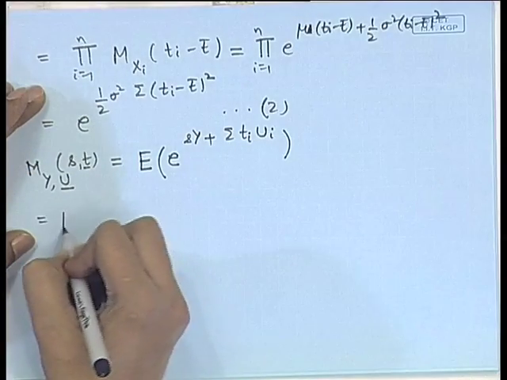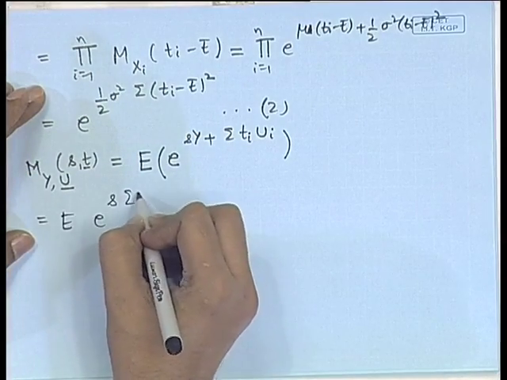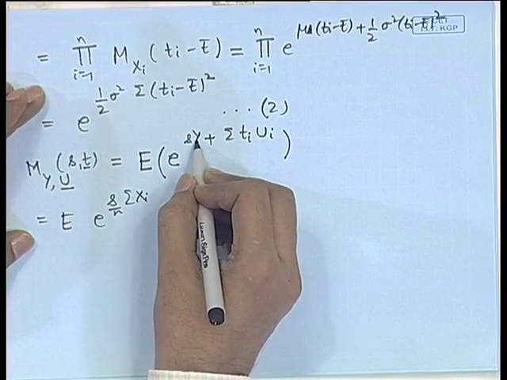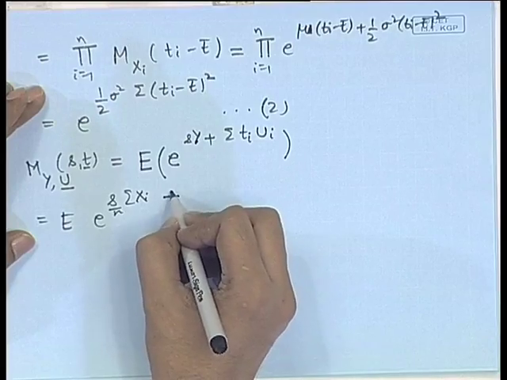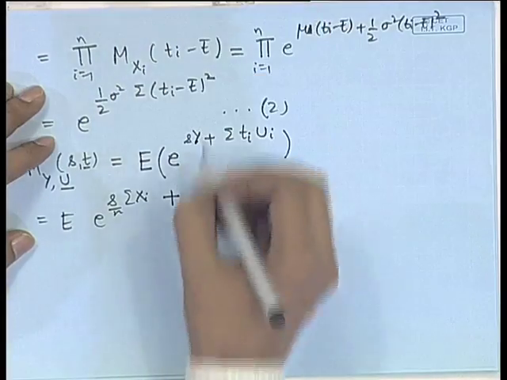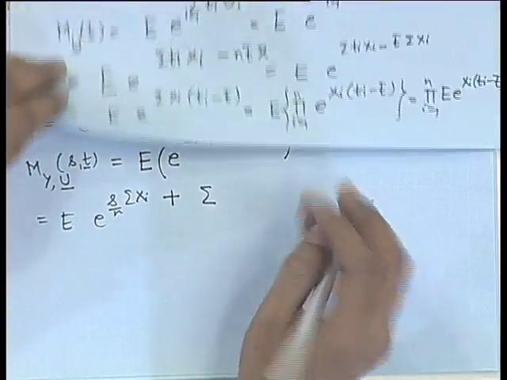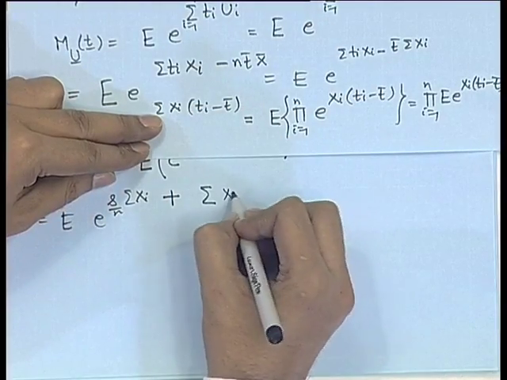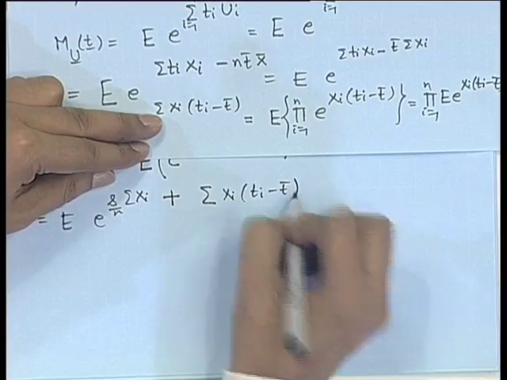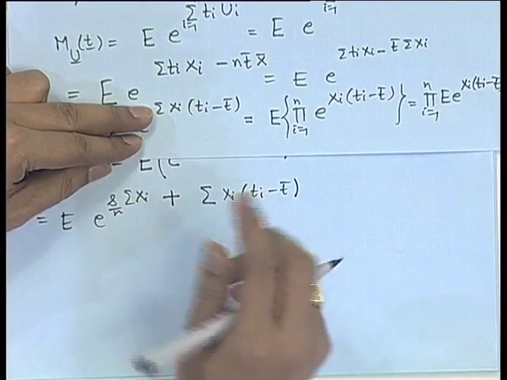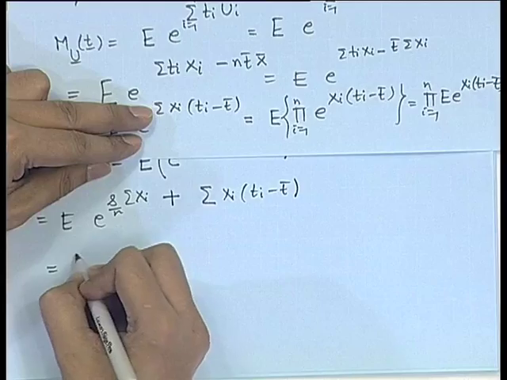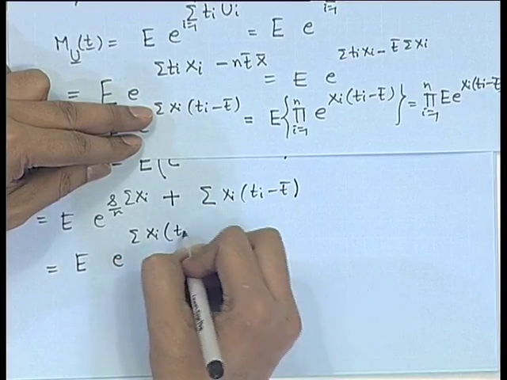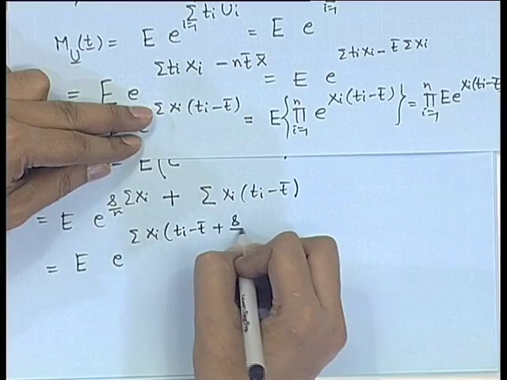It becomes the expectation of e to the power s sigma x_i by n, that is y is the mean, plus the second term sigma t_i u_i, using the simplification that we did just now, that is sigma t_i u_i is equal to sigma x_i t_i minus t bar. We again combine these terms here. So, this becomes the expectation of e to the power sigma x_i times t_i minus t bar plus s by n.